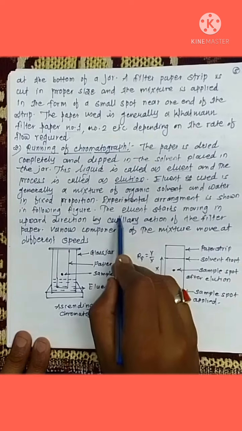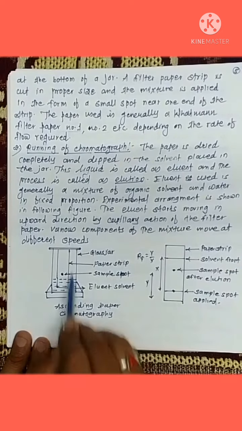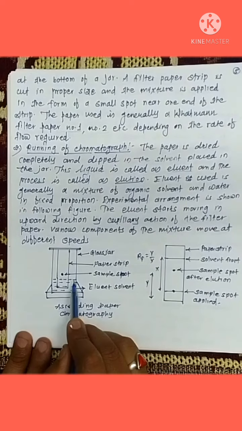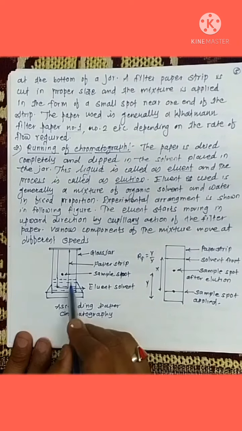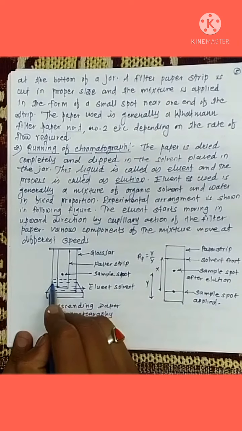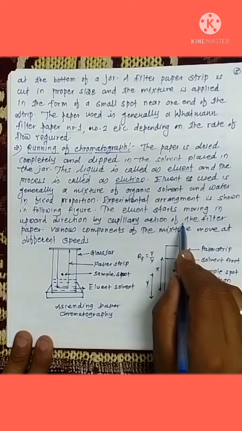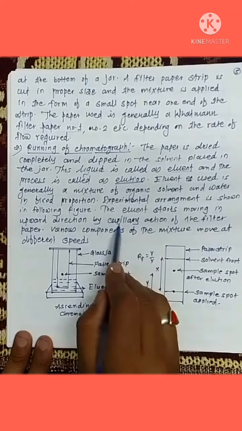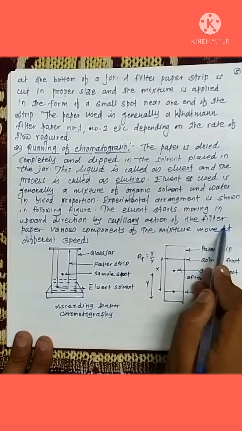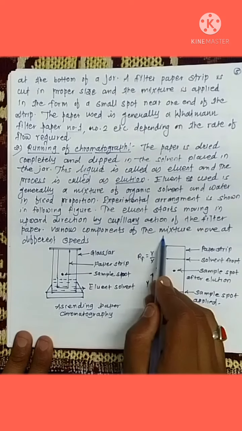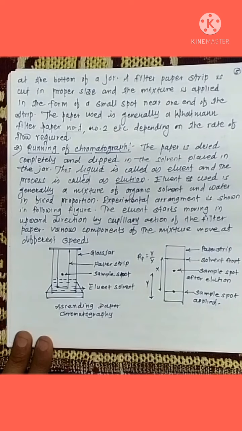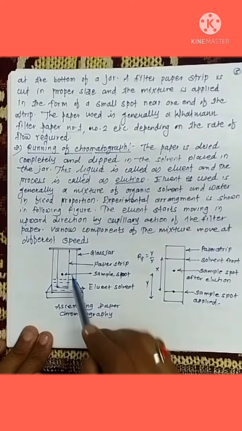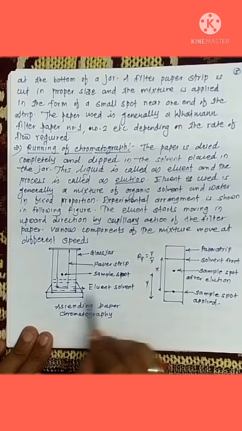The eluent starts moving in an upward direction due to capillary action. As we know, due to capillary action, this eluent solvent goes upward. The eluent moves upward by capillary action of the filter paper. Various components of the mixture move at different speeds. So just see here, in this glass jar, an eluent, that is solvent, is taken.